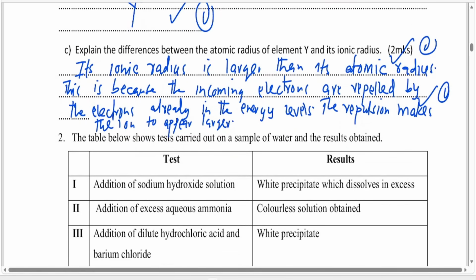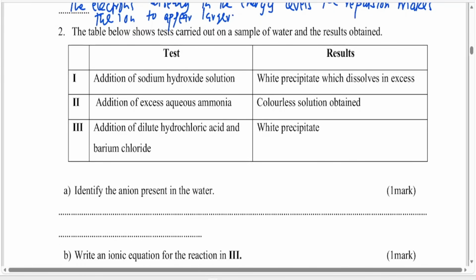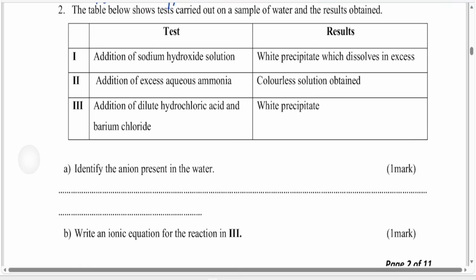Moving to the next question, question 2. The table below shows tests carried out on a sample of water and the results that were obtained. The first test was addition of sodium hydroxide solution. When it was added, a white precipitate which dissolved in excess was formed.